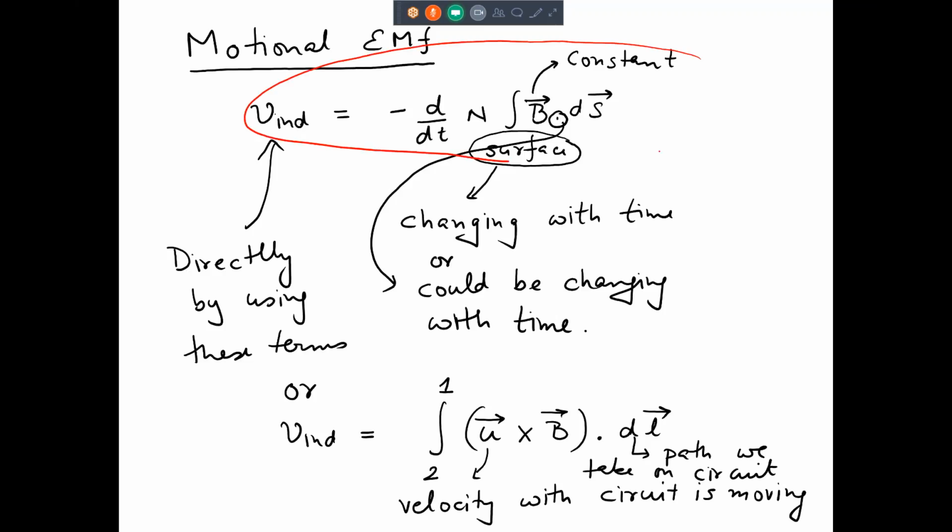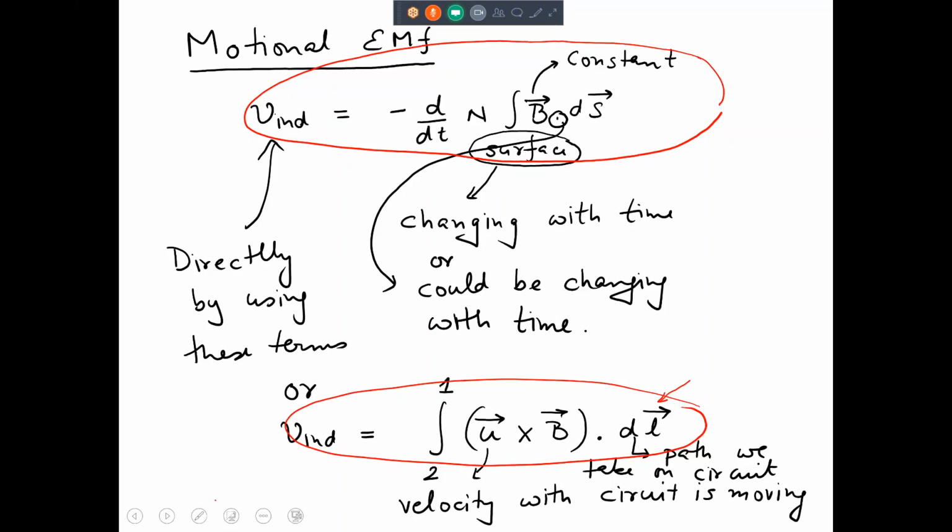Either we can use this method over here, where we do the direct integral, or we can use another equation, given by the velocity with which the circuit is moving, cross product with the magnetic flux density, and we integrate it over the complete part of the circuit. So either of these two equations will allow us to calculate the Gaussian EMF.